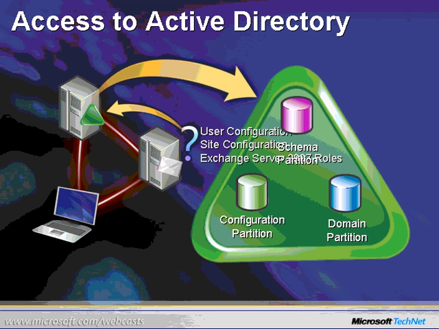So as I define a user object and I put a mailbox on that user, or I create a mailbox for the user, that mailbox is homed on a particular mailbox server. Well, the fact that my mailbox is on server, DFX, Great Dane, or whatever that is, then that's going to be stored in the domain partition as it relates to my user object. Right? So there are three different databases when you look at the AD infrastructure: schema, configuration, and domain. And I just wanted to make sure that you know that Exchange will actually store information in each of these different databases, depending on the information you're looking at.